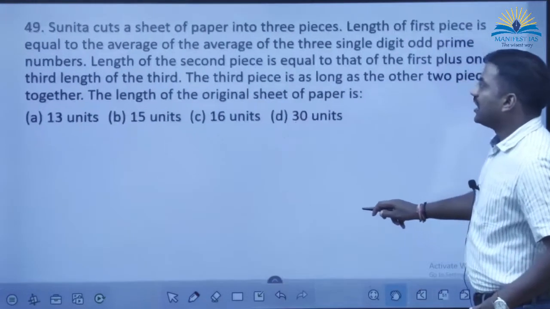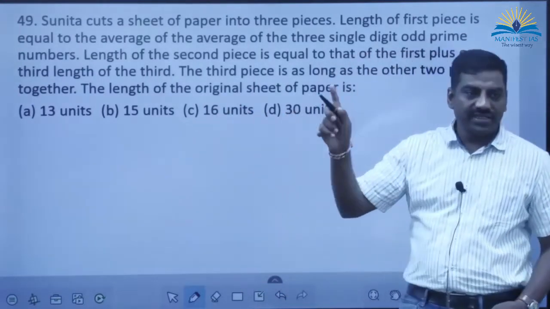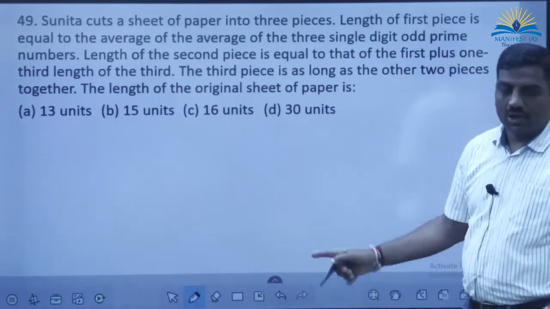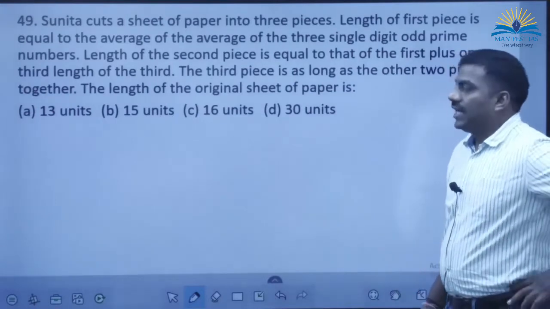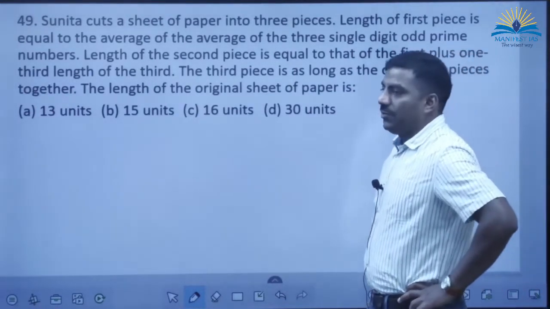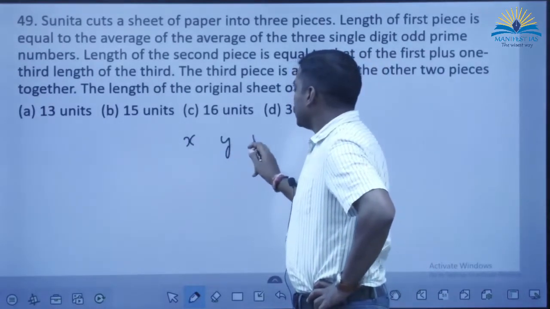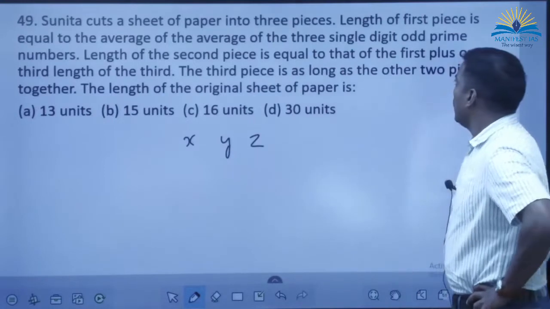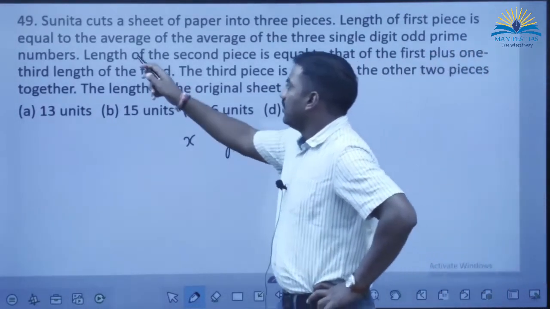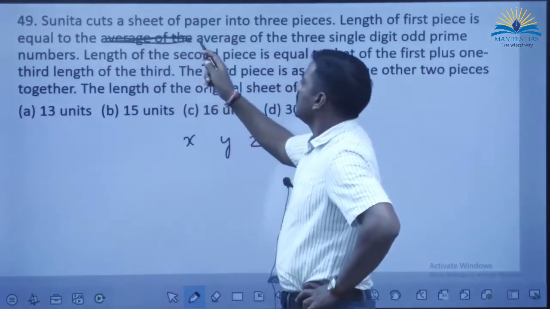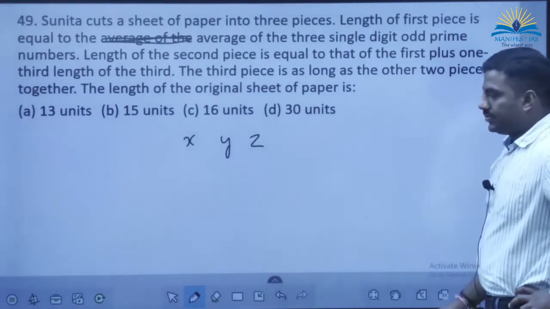Sunita cuts a sheet of paper into 3 pieces. It is at 49th, okay? By mistake, I had printed it there, so I have accommodated it here. 49th position. Sunita cuts a sheet of paper into 3 pieces. Let us take those 3 pieces as X, Y, Z. Length of the first piece is equal to the average of just one average of the 3 single digit odd prime numbers.